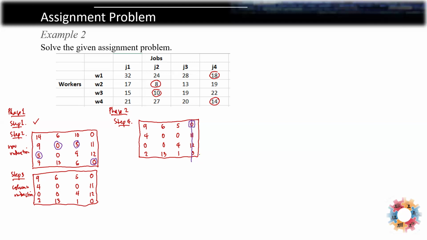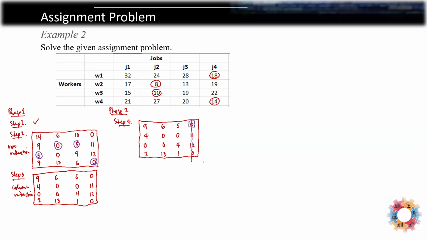In row 4, there's actually 1 zero, but that zero was deleted when we deleted the fourth column, due to the zero in the first row being squared. So nothing will be changed here in the fourth row.